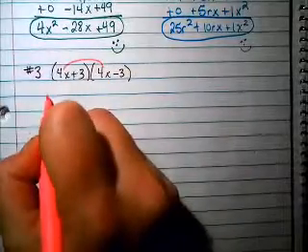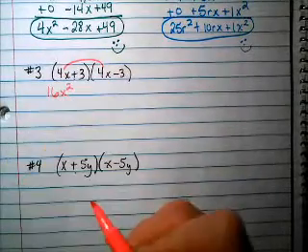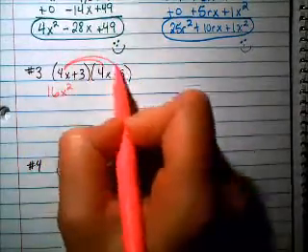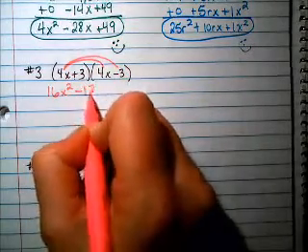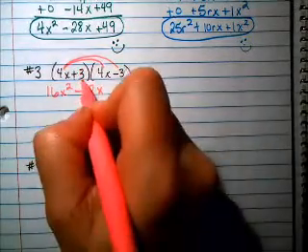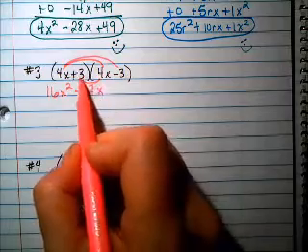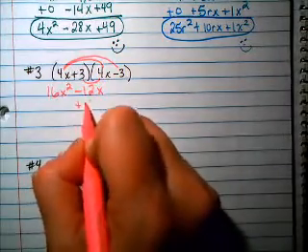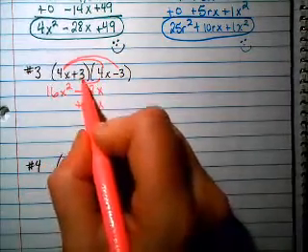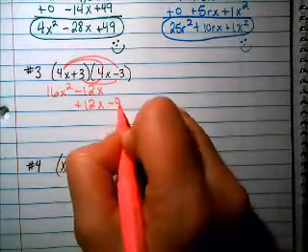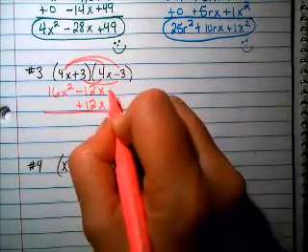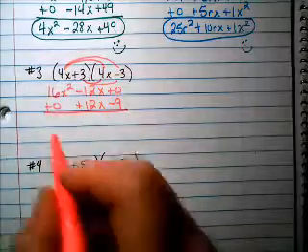4x times 4x is 16x squared. 4x times a negative 3 is a negative 12x. The inside terms, 3 times 4x is a positive 12x, and then 3 times a negative 3 is a negative 9. Add your 0 placeholders and bring your answer down.